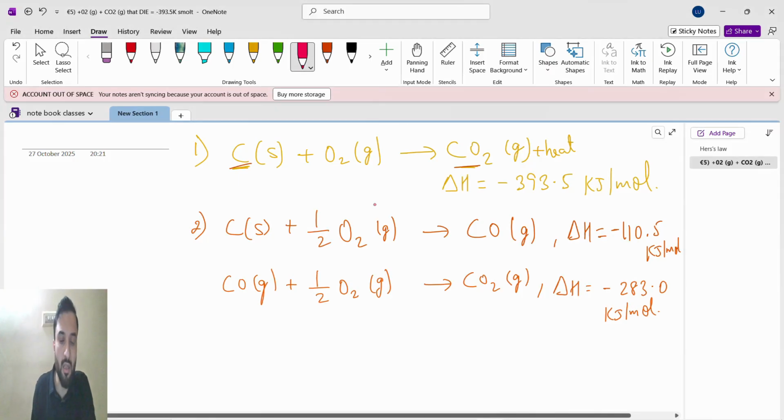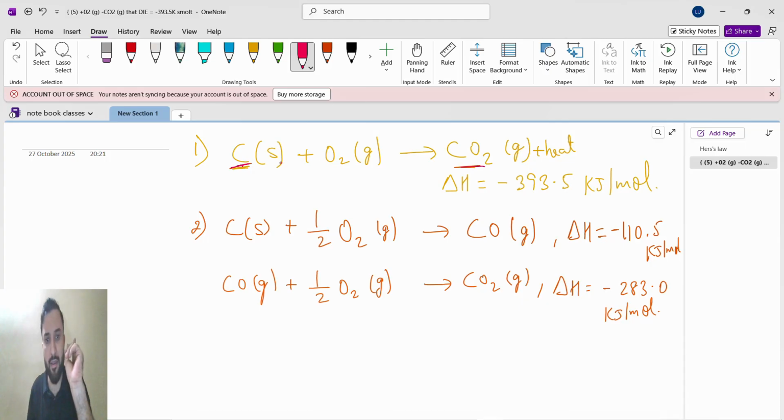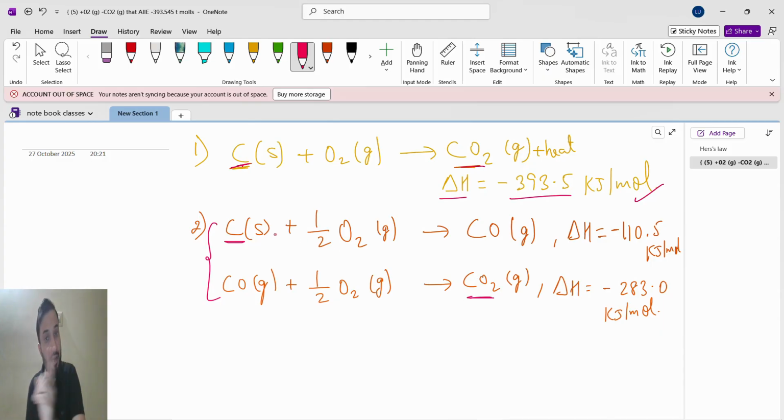So what we get to know is, from carbon we have to make carbon dioxide. This we took directly in one step, and we get the enthalpy change, delta H, this much. Now again we take carbon and make carbon dioxide, but this time not in a single direct step.